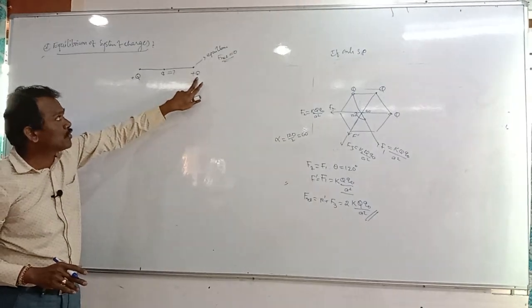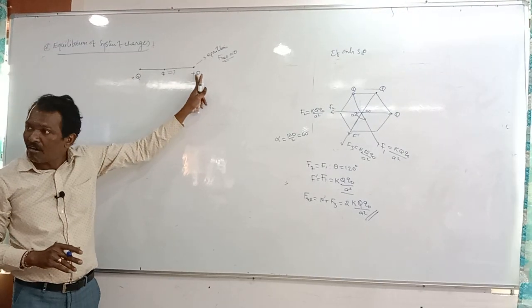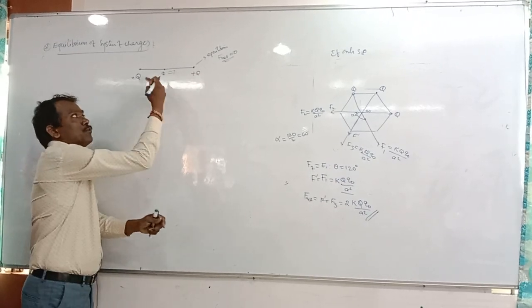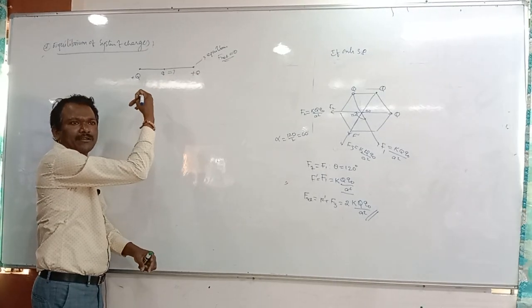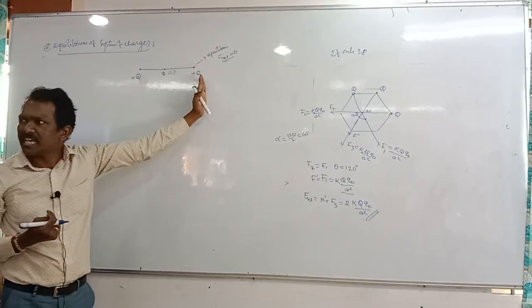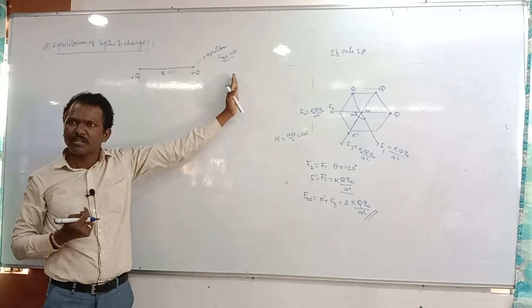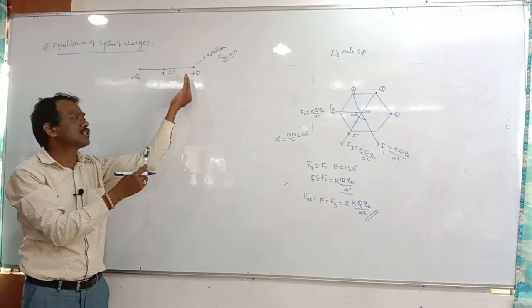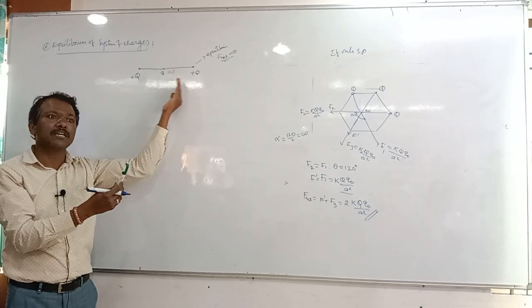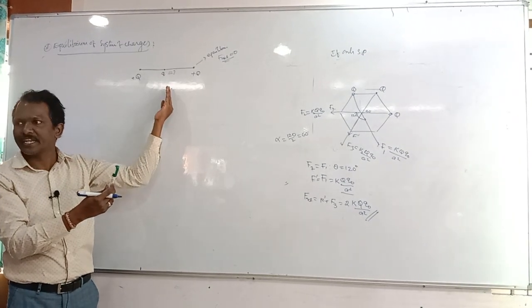So whatever amount of force is acting on plus Q, the same amount of opposite force is required. If 100 newtons of force is acting on this Q charge, an equal amount of 100 newtons of force should act in the opposite direction. That means attractive force is needed.